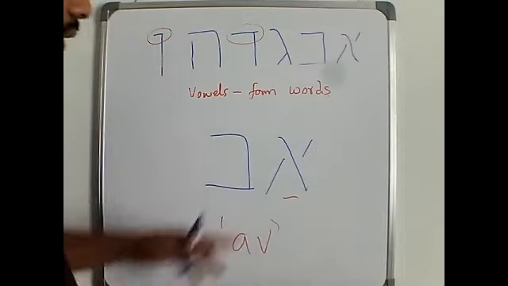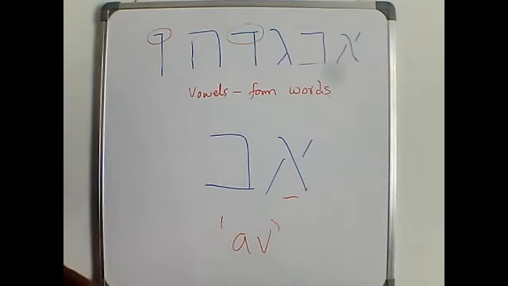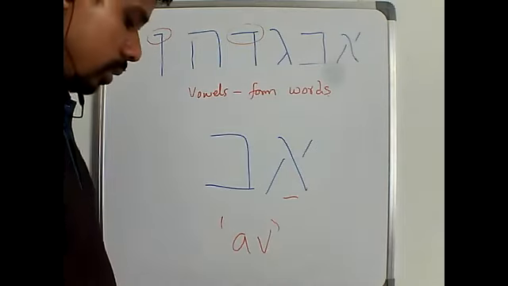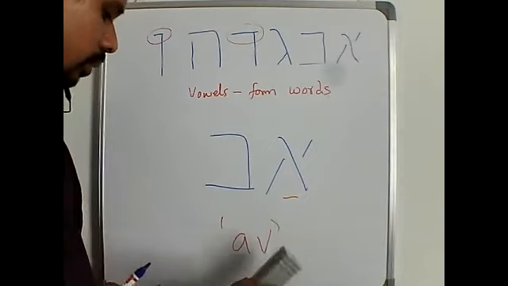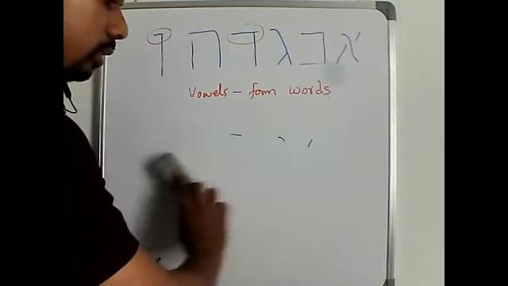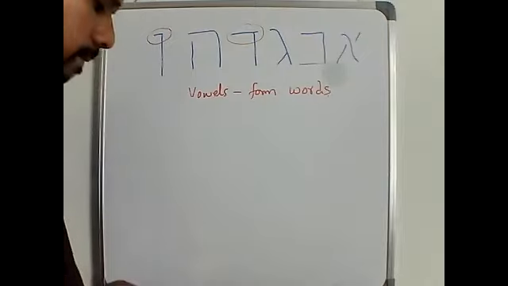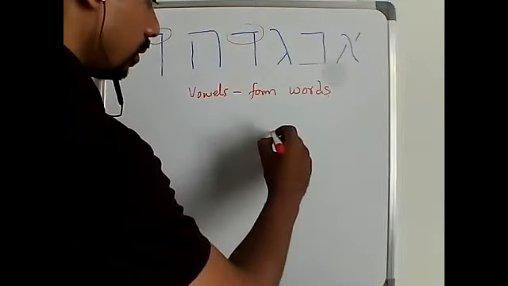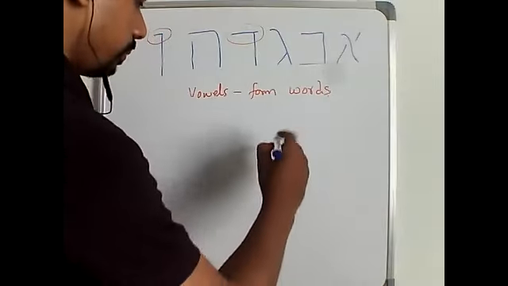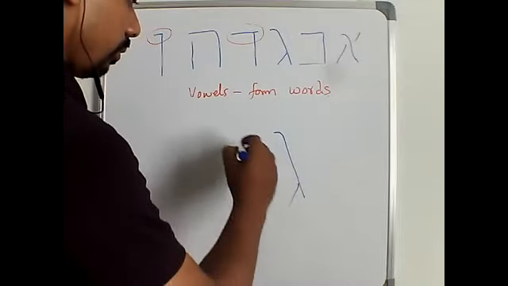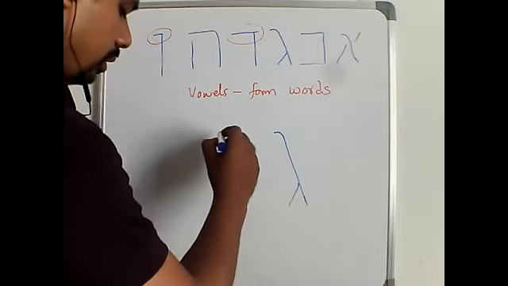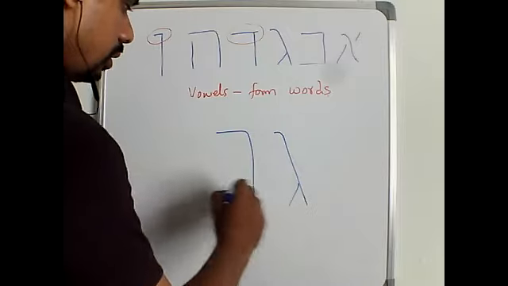Okay, please note it down. Av. This is av. Okay, I hope you are able to follow. And one more example, then we will close it. This is Gimel and this is Bait.